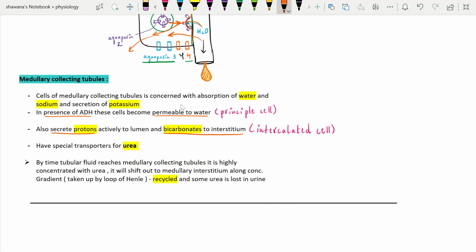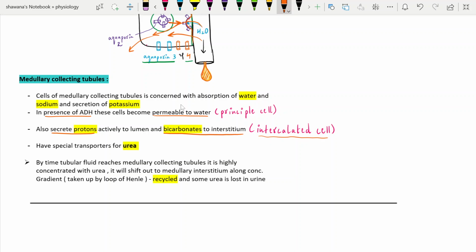So this function is similar to what? Intercalated cells. And this part is also concerned with water reabsorption, potassium secretion, and sodium reabsorption. So it has a mixture of similar functions as compared to other tubular cells. But the medullary collecting tubules has special cells for urea reabsorption.